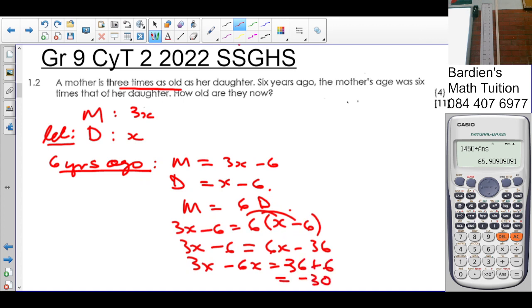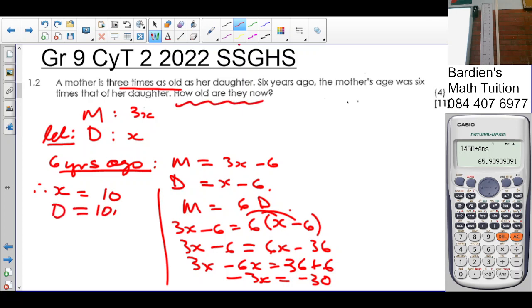It's negative 30 and negative 3x. So therefore x is equal to 10. They want to know how old they are now. So the daughter is 10 years old and the mother is 3 times 10, which is 30 years.